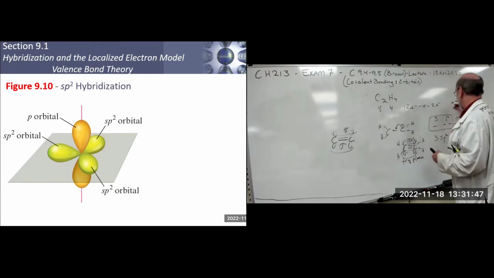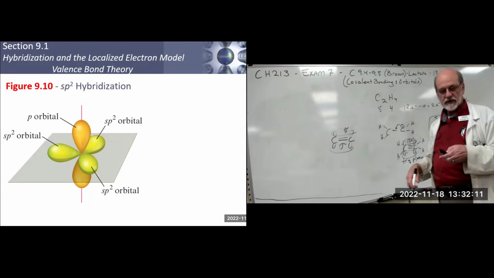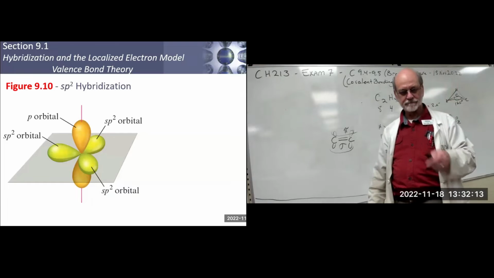So if you put a carbon in the middle and a hydrogen and another carbon and then a hydrogen, then the bond angle here is going to be 120 degrees, right? Because 120, 120, 120, that's 360 degrees. So that's a no-brainer, actually.